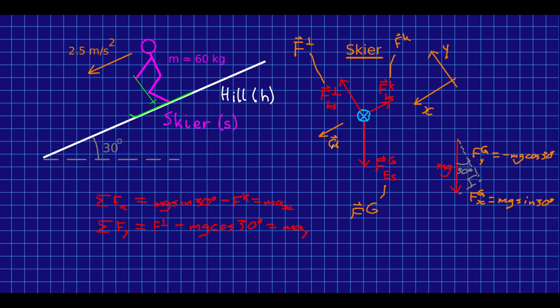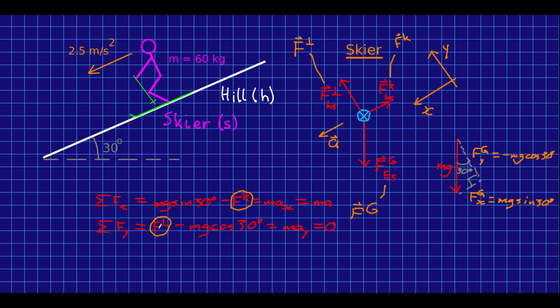And looking at the acceleration, I can see that its y component is clearly 0, and it points in the x direction, and so its x component is just its magnitude, a. And now we can see my unknowns are just Fk, which is the thing I'm looking for, and F perpendicular.